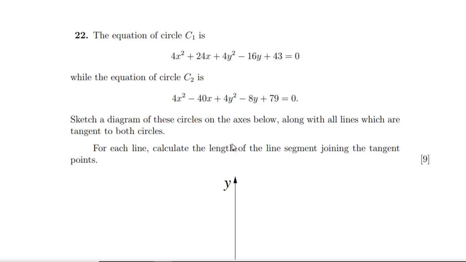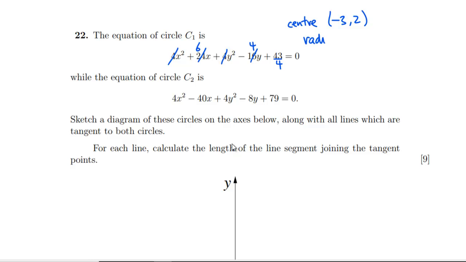Right, if we're going to turn this into a circle, we divide by 4 on this. So let's get that gone. That's a 6, that's gone. That's a 4, that's over 4. So when we complete the square on all of this, the center of this one is going to be at -3, 2, because we're just halving those coefficients on x and y.